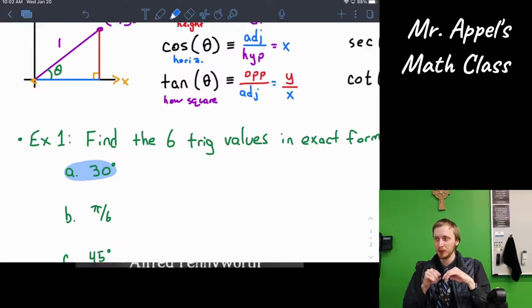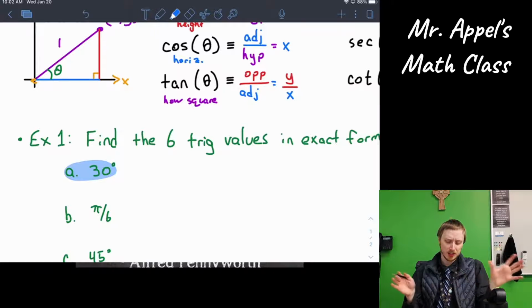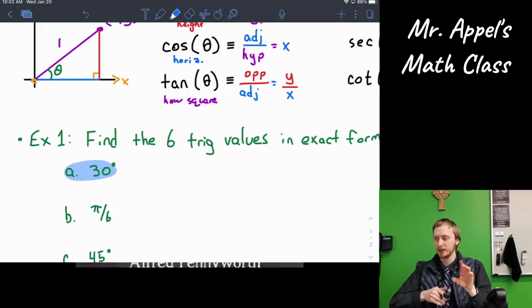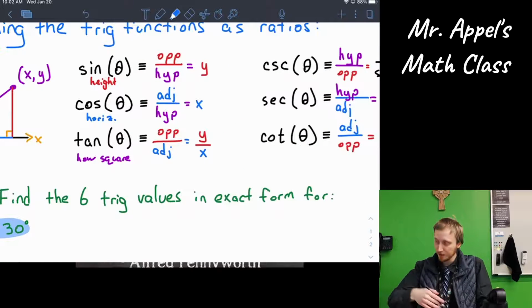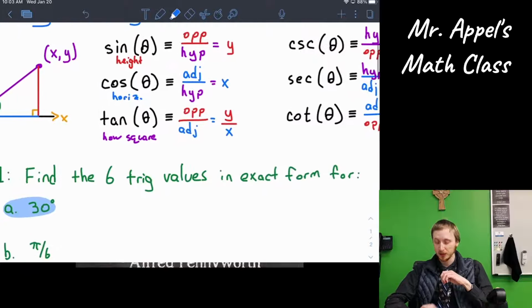No long repeating decimals. Send it over in chat. This is the easiest one. Type it up, comma, in this order, right? Sine, cosine, tangent, cosecant, secant, cotangent. Give me a list of 6 numbers separated with a comma in chat. 6 trig values for 30 degrees. This should be the easiest one.